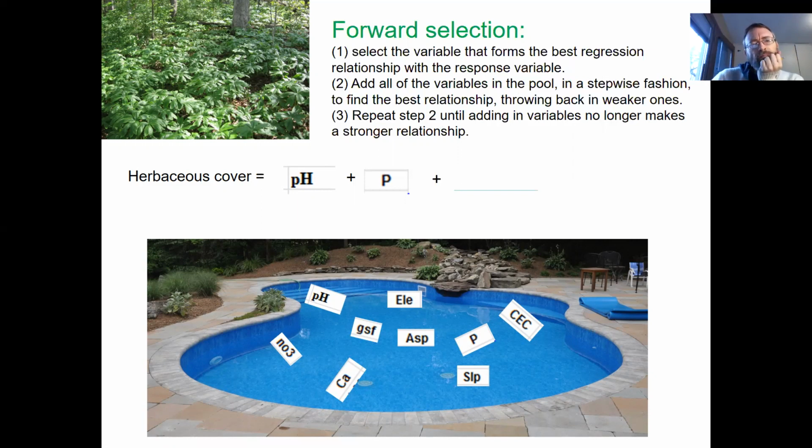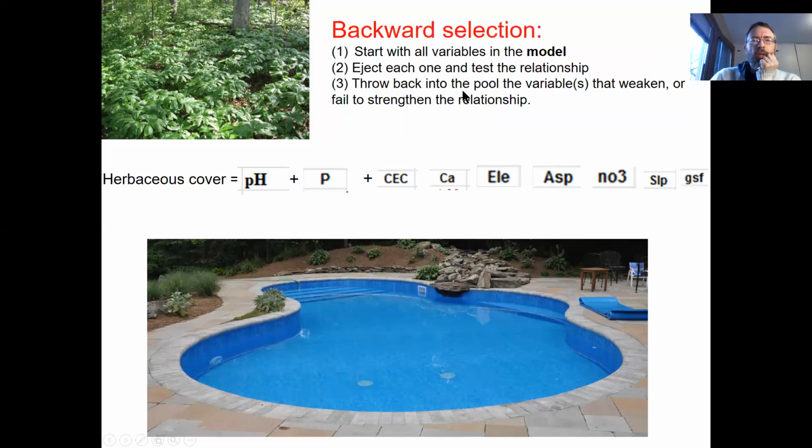Okay. So we're adding in variables and throwing back weaker ones. We also could have backward selection, where we start with all the variables in the model, and then we test this model, then we throw back one, then we run it again, then we throw back one, then we run it again, then we throw back one. So there's forward versus backward selection.